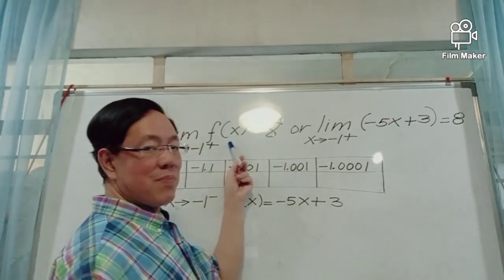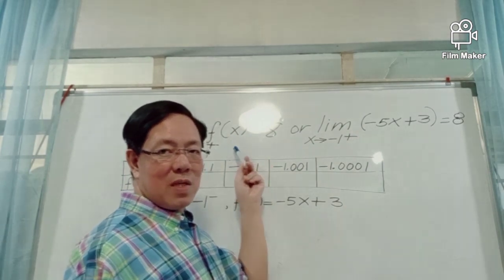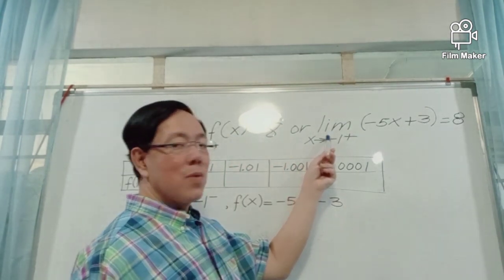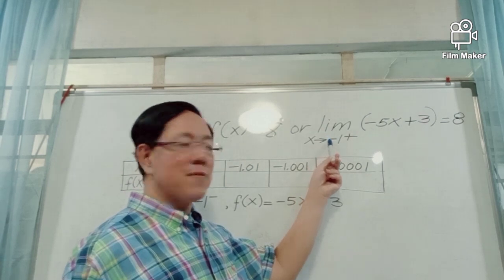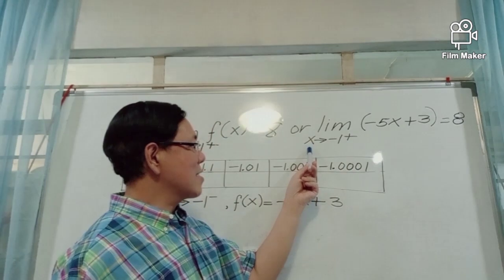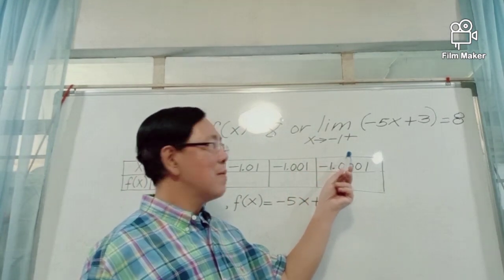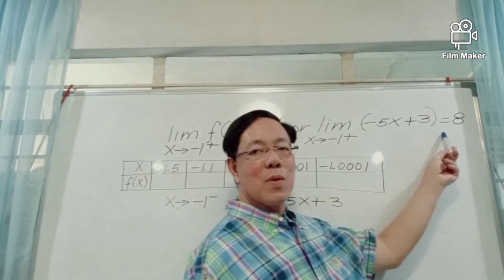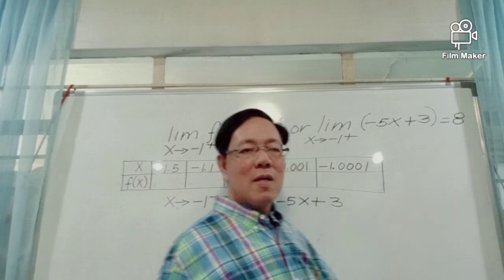Or for our specific function, the limit of negative 5x plus 3 as x approaches negative 1 from the right equals positive 8.